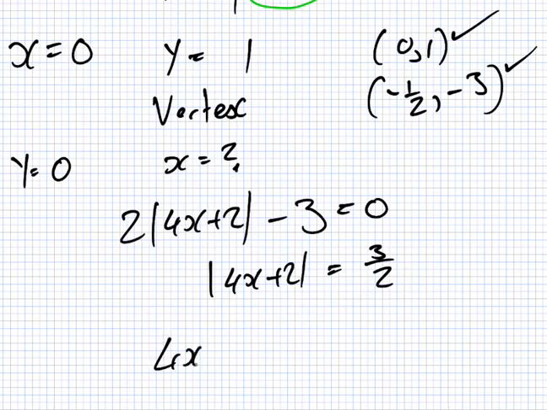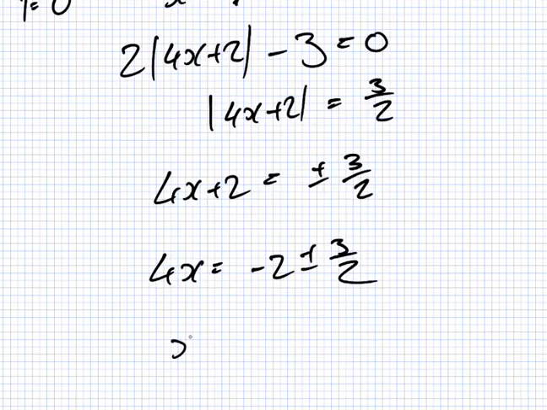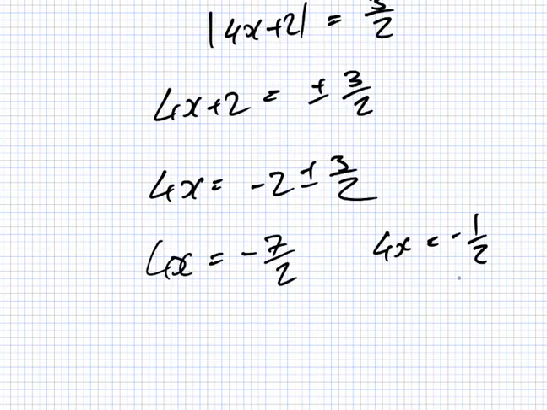That means 4x plus 2 equals plus or minus 3 over 2. 4x equals minus 2 plus or minus 3 over 2. 4x equals minus 2 minus 3 over 2, minus 7 over 2, or 4x equals minus 2 plus 3 over 2, minus a half.